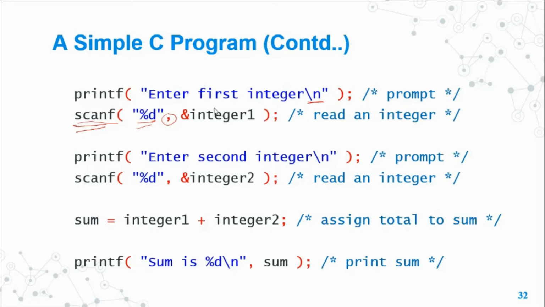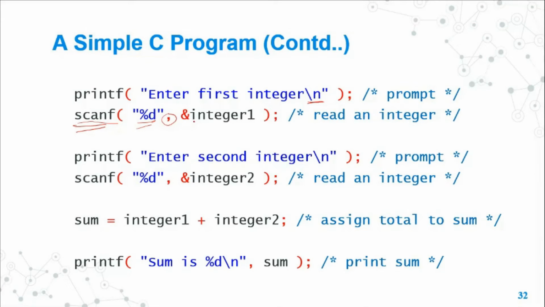So ampersand integer 1 means integer 1 is a variable, and ampersand denotes the specific memory location that is assigned to this variable. We will understand the details later when we study pointers.